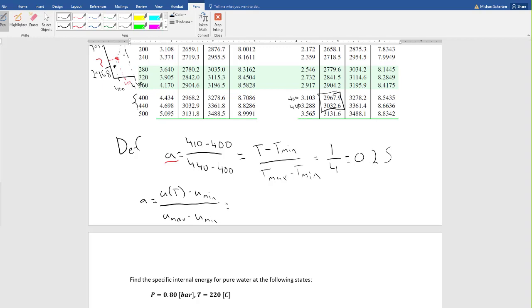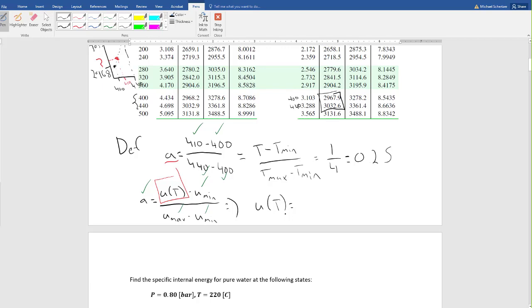Right? So now, if we look at this equation, when we did this equation up here, right, we knew these temperatures, and we were trying to find A. Right? Now we found A, we know u min and u max, and the thing we're trying to find is u of T. Right?